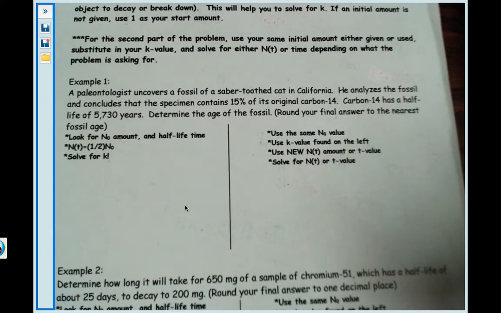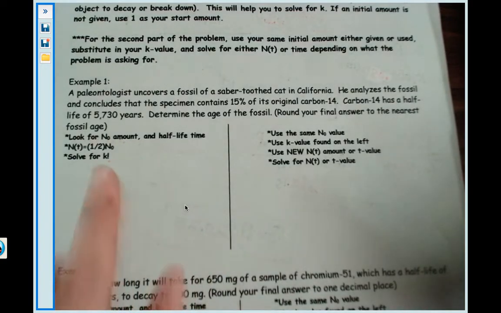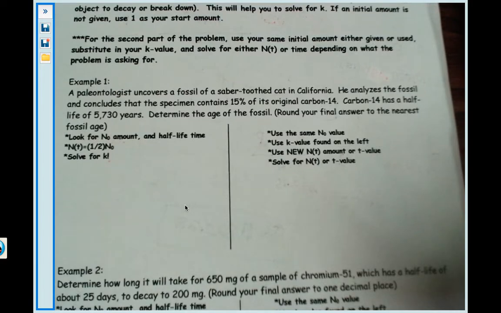Carbon-14 is just a chemical compound found within this fossil. It says carbon-14 has a half-life of 5,730 years, so it takes 5,730 years for this carbon-14 to break down to half of the size it originally started with. Then it says determine the age of the fossil.